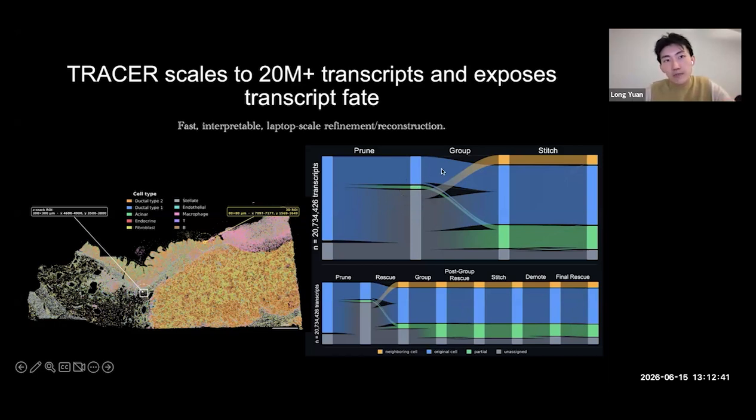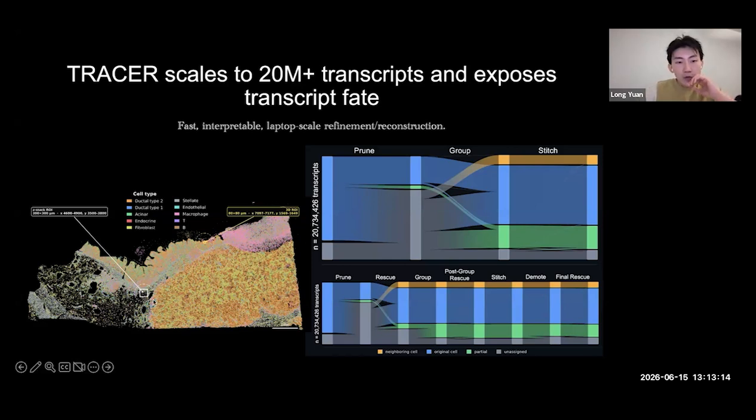We can see transcripts that remain in the original cells, being reassigned to neighboring overlapping cells, transcripts demoted as incoherent, and transcripts reconstructed into new partial cell profiles. And this is not simply filtering, it is a redistribution of transcript evidence into more coherent cellular profiles.